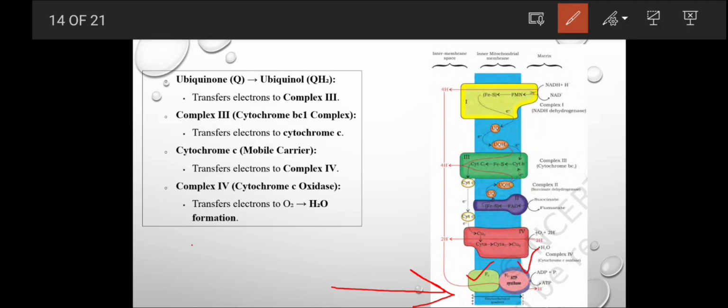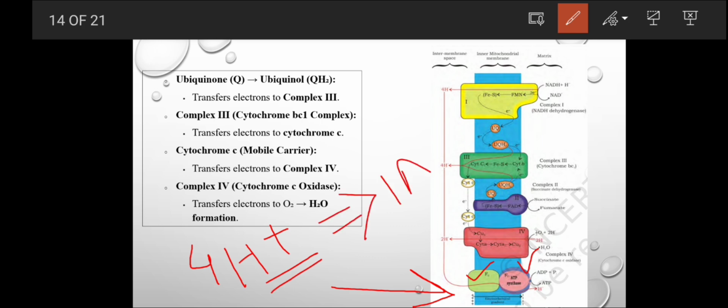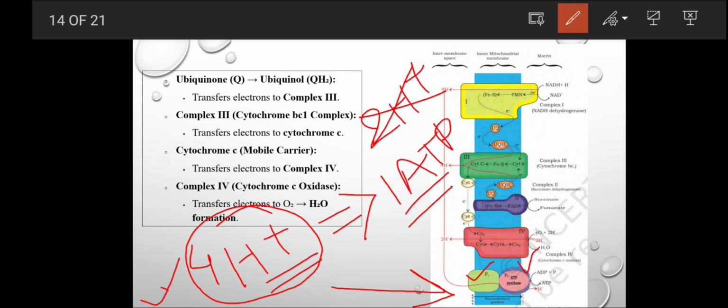Now here remember 4 H+ will cross the membrane and it will lead to formation of 1 ATP. In the old NCERT it is given as 2 H+, so don't remember that. Remember the latest which is given in NCERT, that 4 H+ will produce 1 ATP when it passes through the ATP synthase.